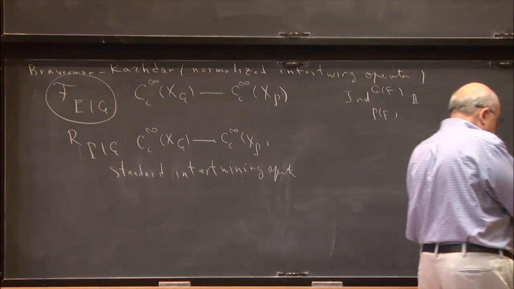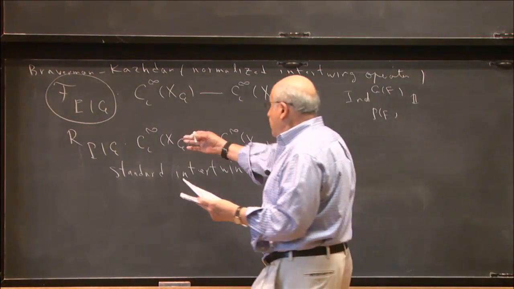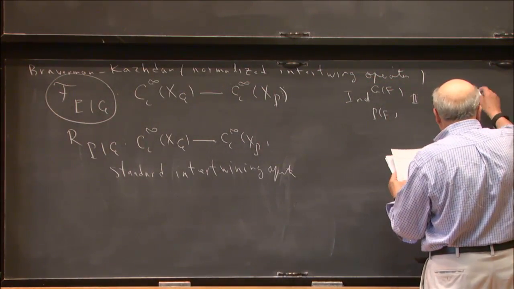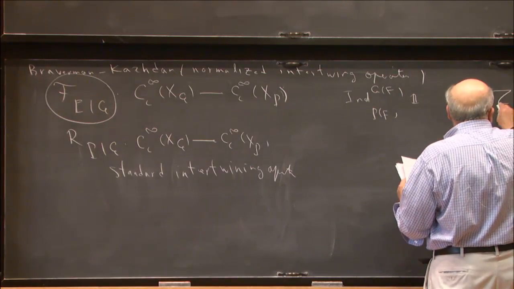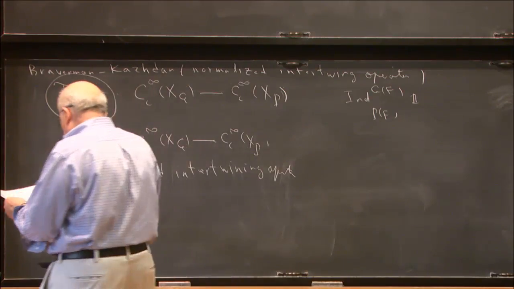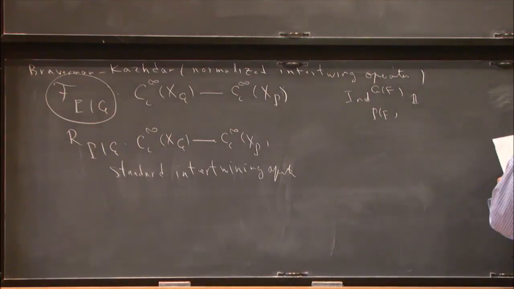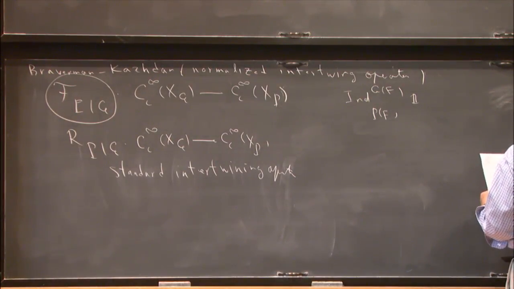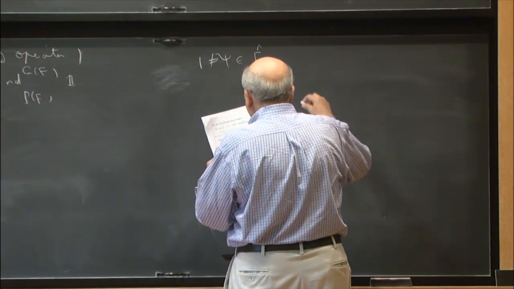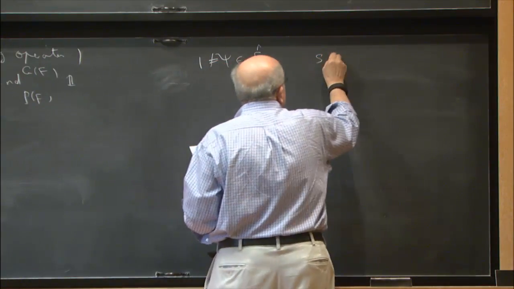Okay, now let me do that. First of all, the first intertwining operator, they define it in a geometric way, and they just say, I'll take a function f. Well, let's not go to this. Let's go to the normalized one. For the normalized one, they introduce these distributions. As usual, you have a non-trivial character ψ of F, and then I want to define a distribution. So s is a complex number.